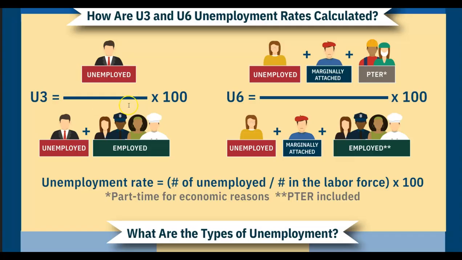But the Federal Reserve, they look at the U6 rate. And the U6 is a broader measure because it includes what's called marginally attached workers, or people who want a job, but maybe they're discouraged and they've given up looking for now. The U6 rate also includes people who are working part-time for economic reasons, meaning that they want full-time hours, but maybe they can't get them right now.